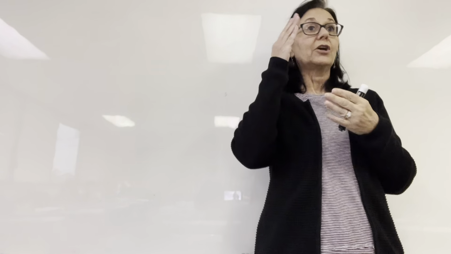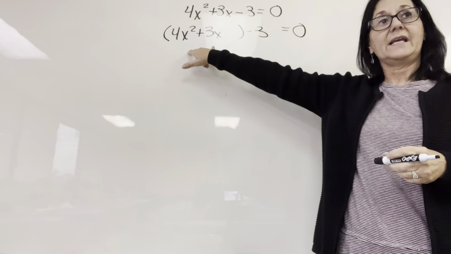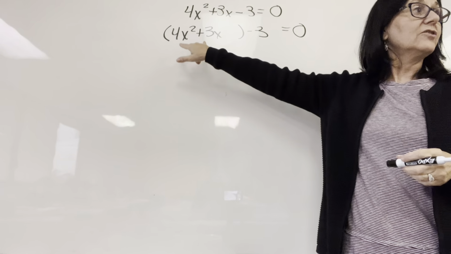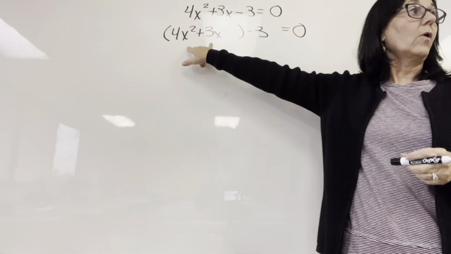All right, just like we did when we had a monic lead coefficient, we're going to separate that 3 out and put these two terms, the x squared and the x, together. Now, what's inside the parentheses, we're going to factor out the 4.